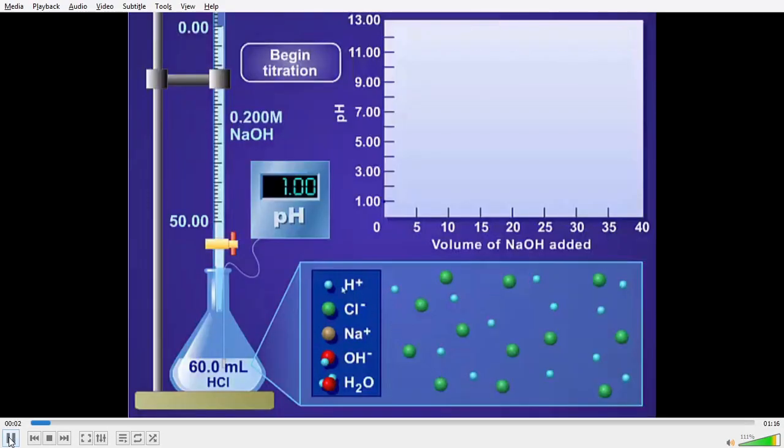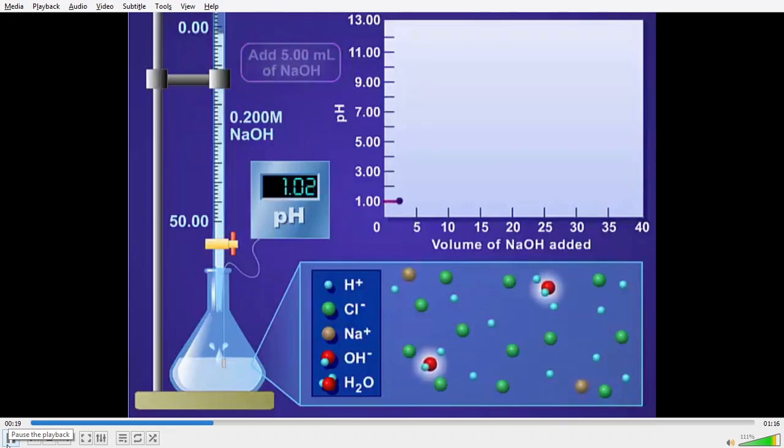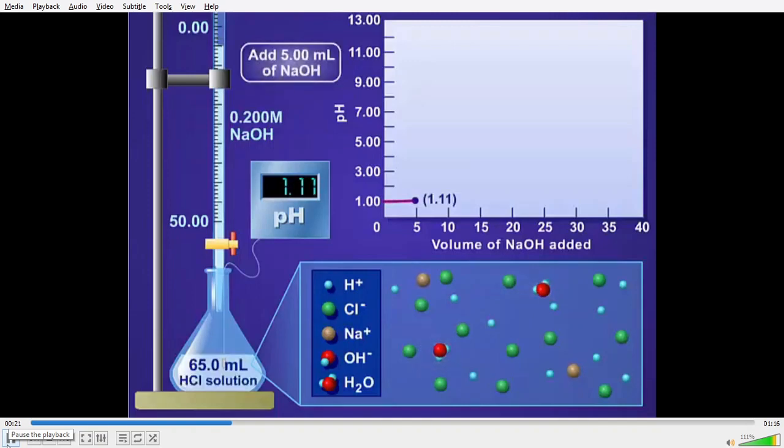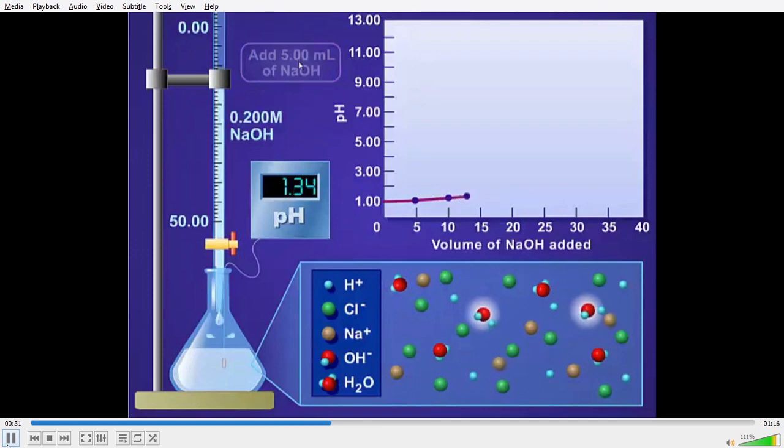To understand the titration curve, we will take the example of a strong acid, strong base titration. Here, a pH meter is inserted into a conical flask containing 60 ml of hydrochloric acid solution, and then after each addition of 5 ml of 0.2 molar sodium hydroxide, the pH is monitored and plotted to draw the titration curve.